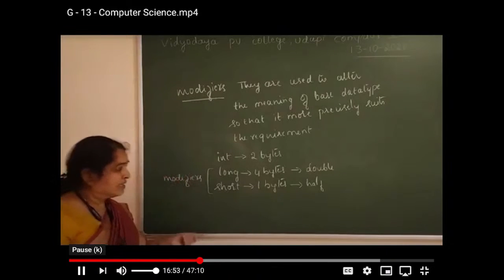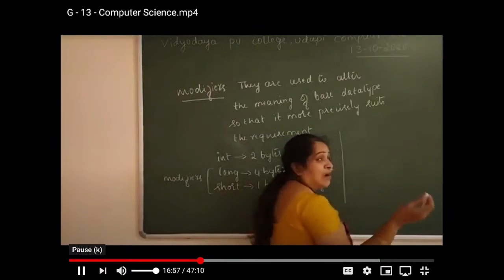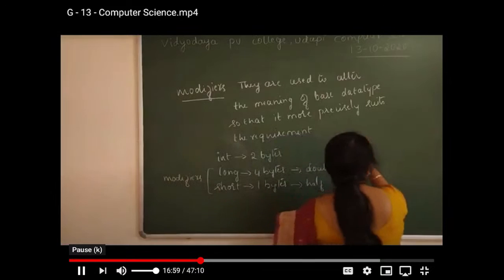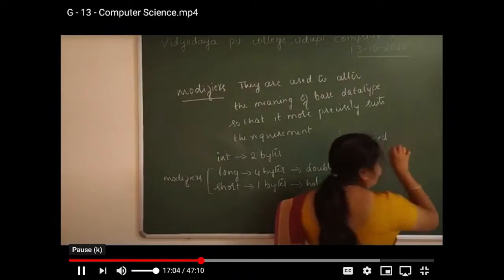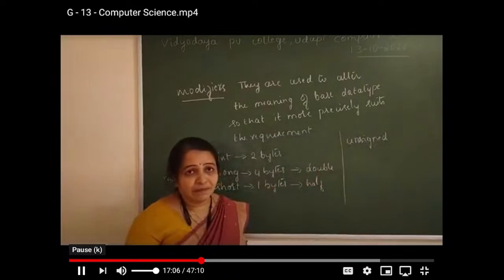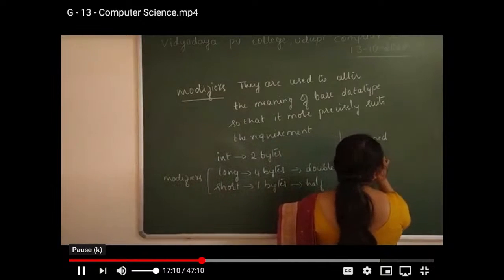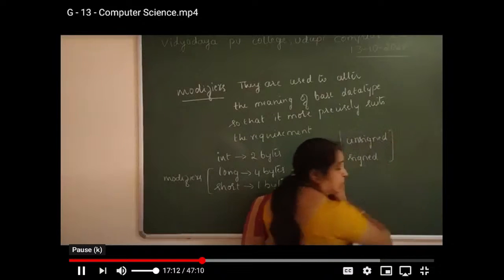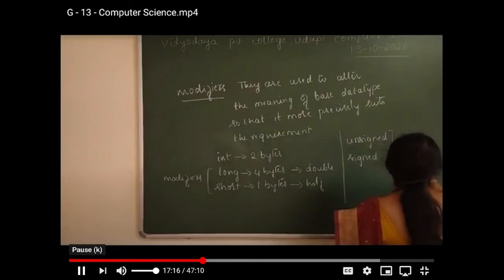Clear? Like this only, we have the other modifiers as we have discussed already: unsigned, that is the numbers without the sign, and signed, that is to represent the number with sign. These two are also modifiers. This much is enough about the modifiers.